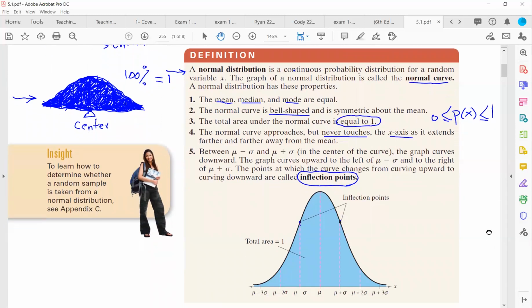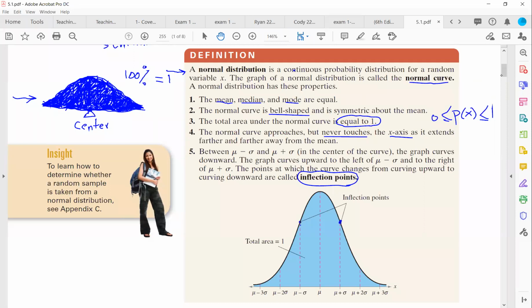Would you please repeat this part again? I didn't understand it. Sure. The graph curved downward. Then the graph curved upward. This point dividing the behavior of the graph are called inflection points.